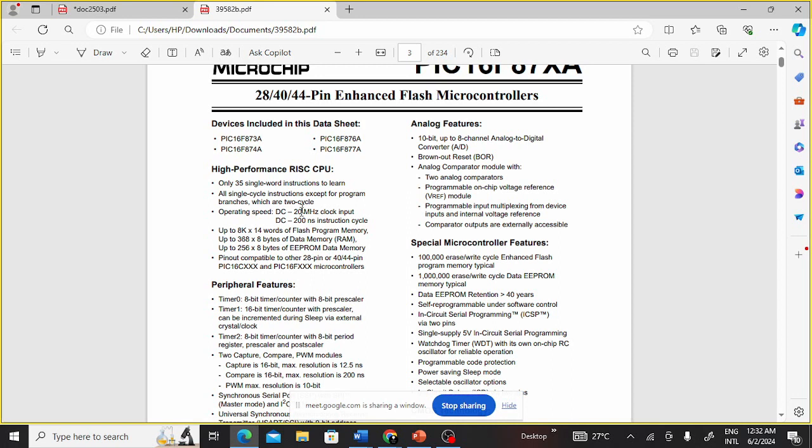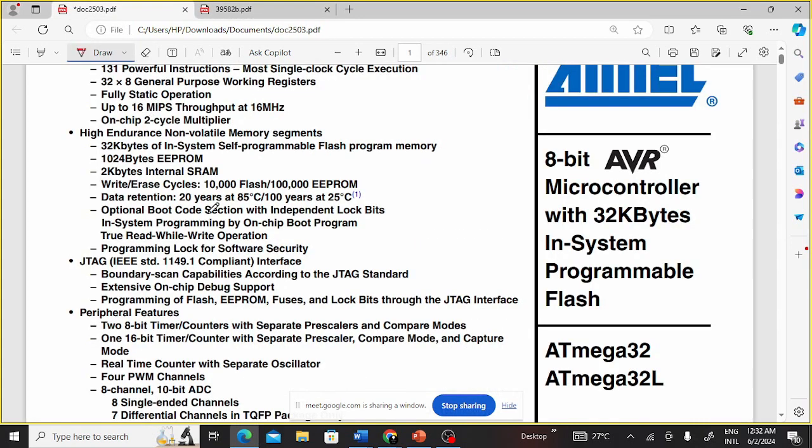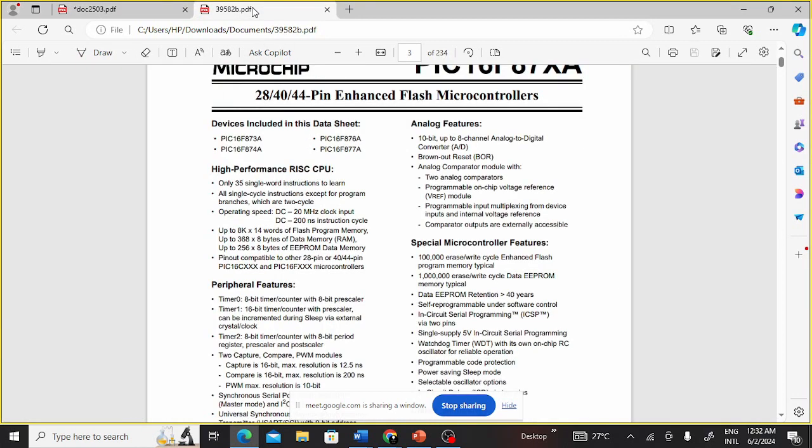So this guy's data memory is 368 bytes by 8 bits. That's his RAM. So let's look at this guy's static RAM. This guy's static RAM is 2 kilobytes. Far better. But this guy has a speed that this guy does not have. That's the only thing.